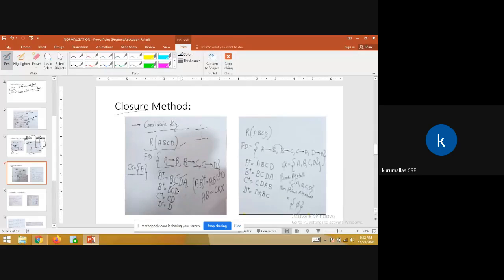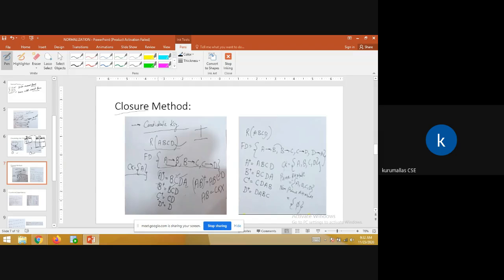But a is missing, so we should not place a tends to b. Which means b is derived by a, so we write b only, you should not write a here. The actual table is a, b, c, d, so b is not a candidate key.